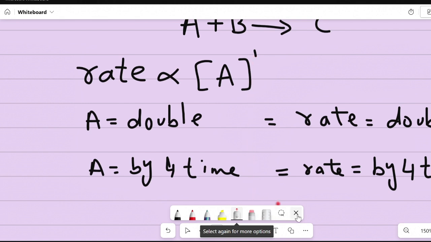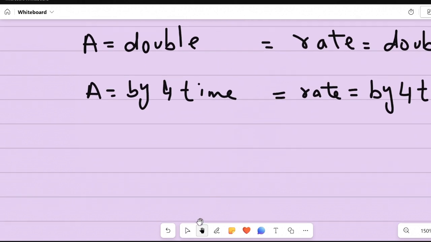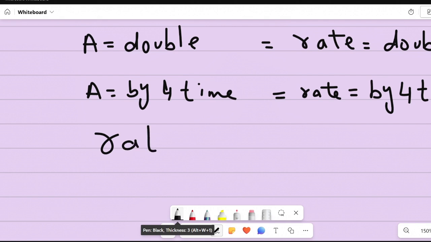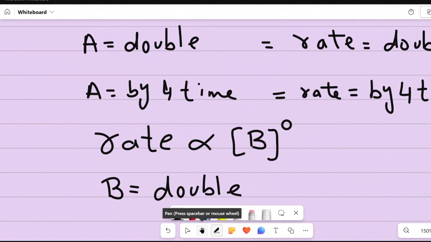Now let's talk about the second reactant. You did the experiment in the lab and you found out that if you change the concentration of reactant B, the rate is not going to change. It remains the same. Just imagine you are doubling the concentration of B. The rate remains constant.